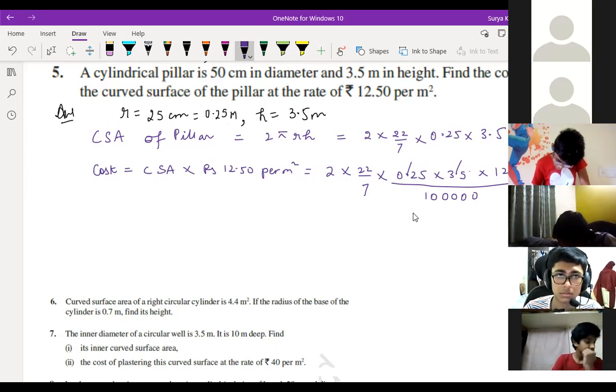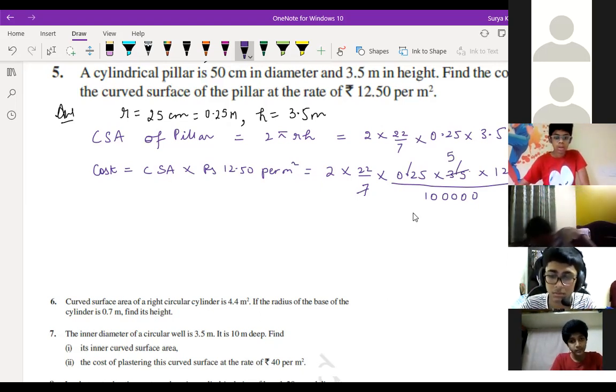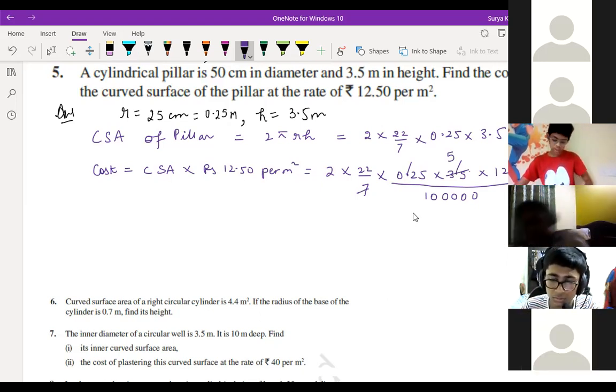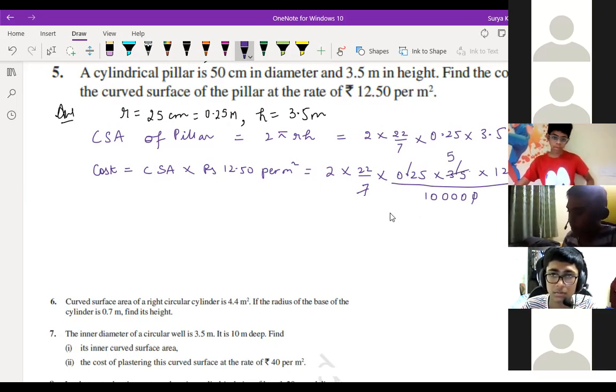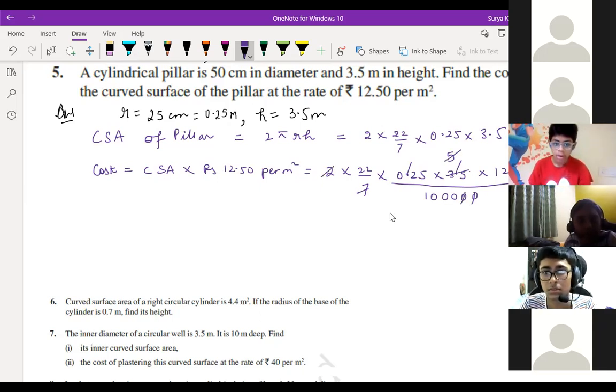See, children now. 7 5s are 35. Sai Charan, if you won't answer, leave it. Then 0 and 0 will get cancelled. So try to understand, don't write right now. First try to understand. 7 5s are 35. Then I made the 0 0 cancel. Then 5 2s are 10, and this 1 0 gets cancelled. Is it clear?